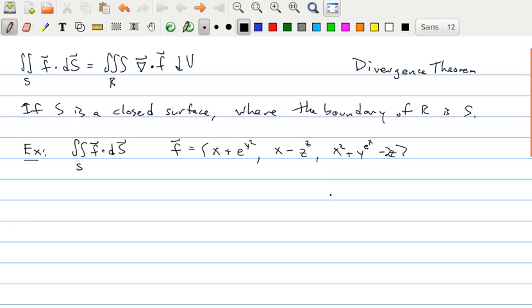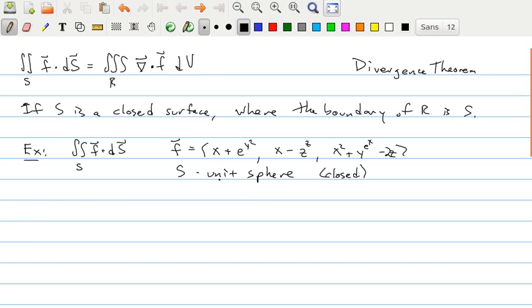Say we have this vector field right here, and S is the unit sphere. Well, first off, the unit sphere is closed. It's closed because if you take any point inside the unit sphere, the only way to get out of the sphere is to actually cross over the boundary in the first place. So this is a closed surface.